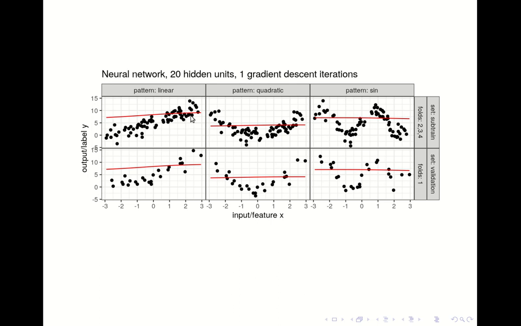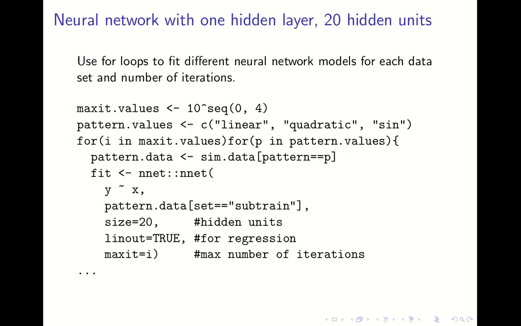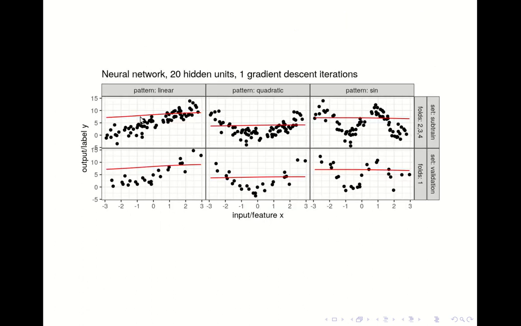And so actually the red lines are the same in the top and the bottom panels in each column. But yeah, the only difference is in the top panel. Again, this is the subtrain set, which the algorithm is really using as input. Remember, here we're using the subtrain set directly with this nnet function. So it's really trying to fit those subtrain data that we see in the top panel. Whereas with the validation data, it hasn't really seen this yet. And so we're using this as a kind of way to see how well it's generalizing or predicting on unseen data.